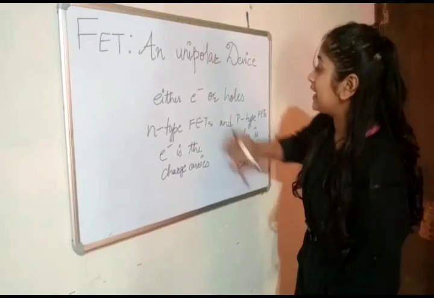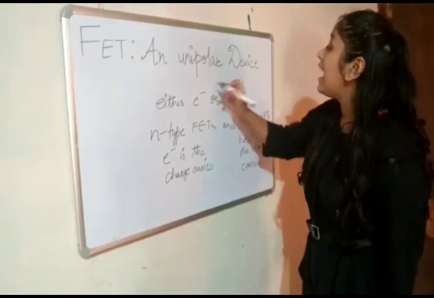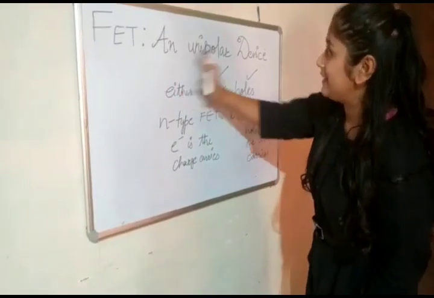Only one type of charge carriers is used in the physical process, either electrons or holes. So that's why FET is known as a unipolar device.